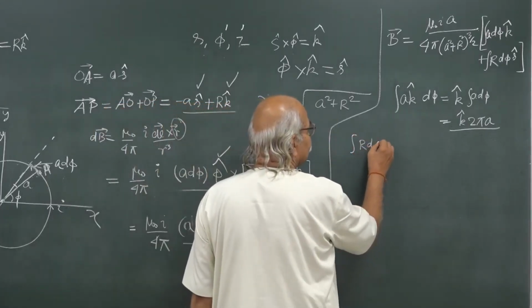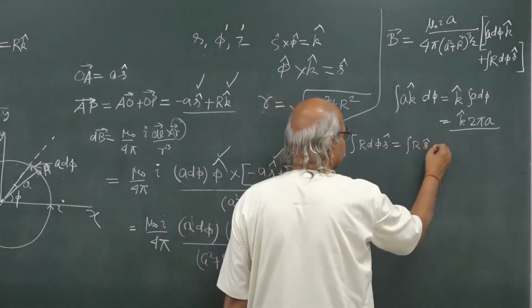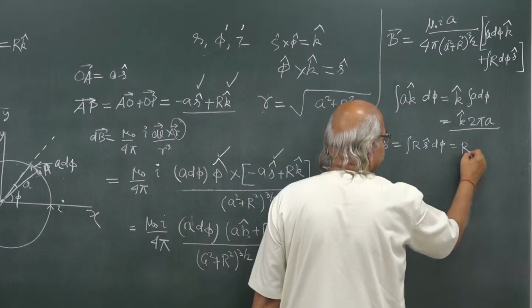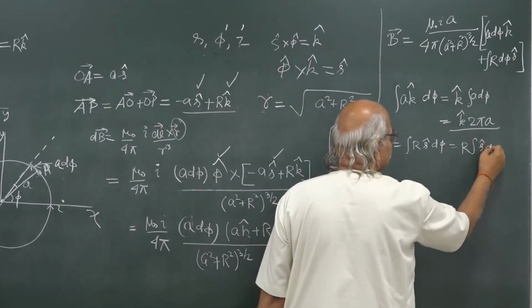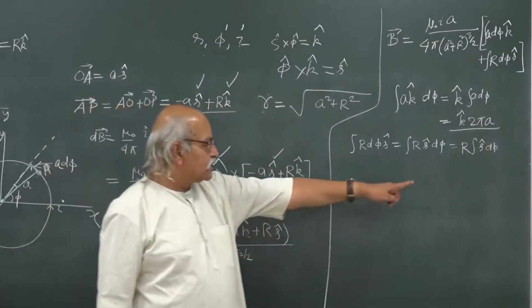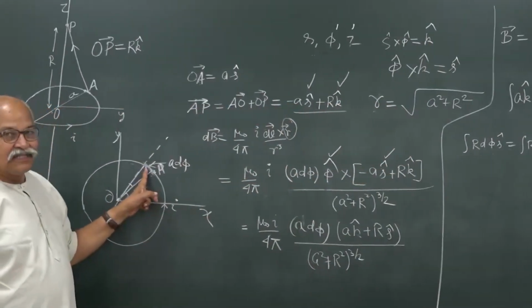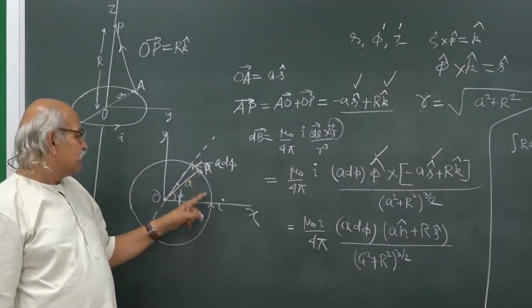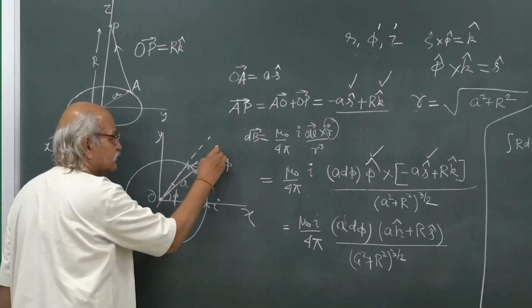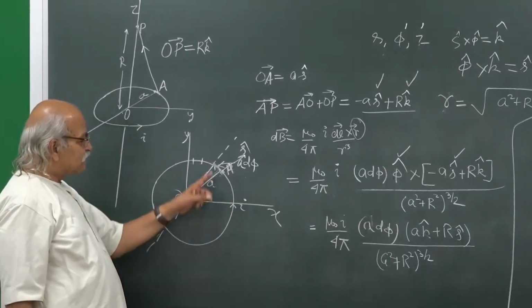Okay. The other integration is capital R d phi s cap, you write it R s cap and d phi. R is constant, you can take it out, but s cap is not constant. S cap is not constant, it depends on what phi I am taking. If I am taking phi here, if this is the point, here is the element, then this is s cap. If my element goes here, I have to take all the elements, remember phi changing from 0 to 2 pi.